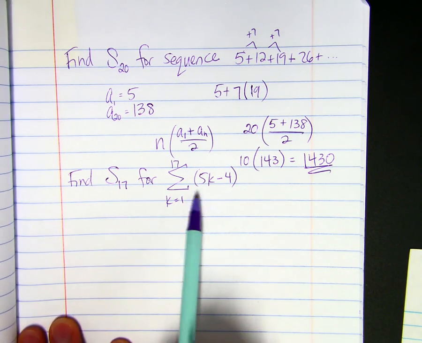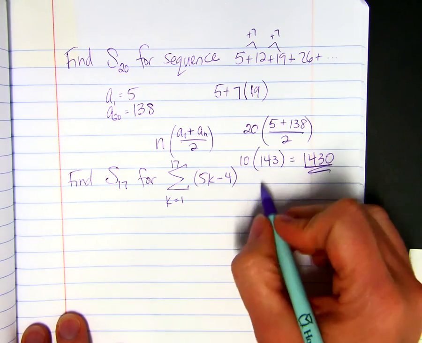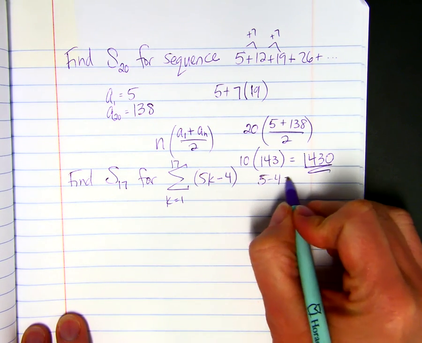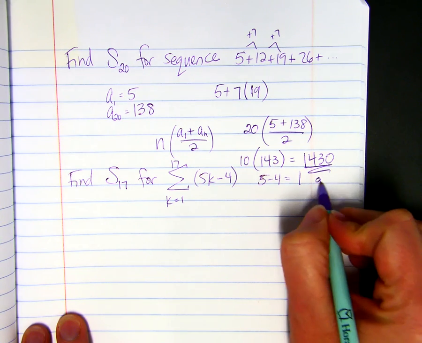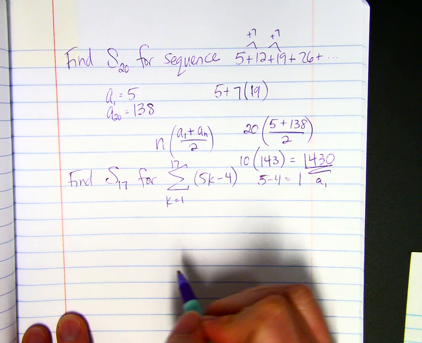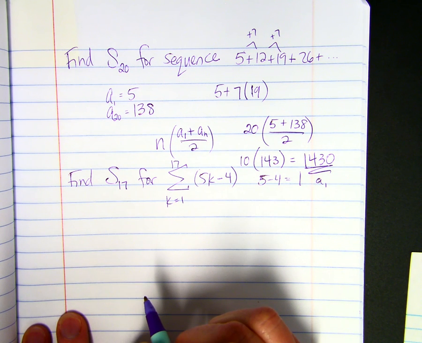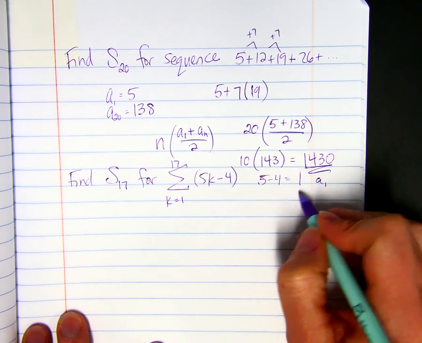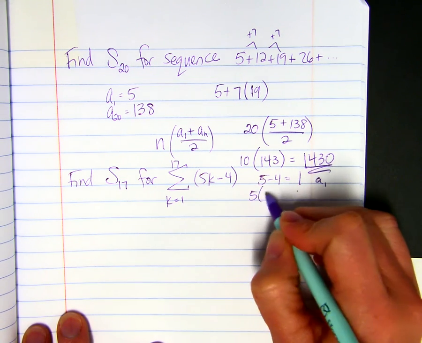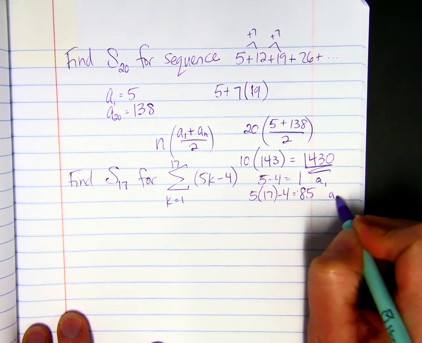Okay, so we just do the first one, which is 5 times 1 minus 4, which is 1. That's our a sub 1. Then 5 times 17 minus 4, which is 81. And that's our a sub 17.